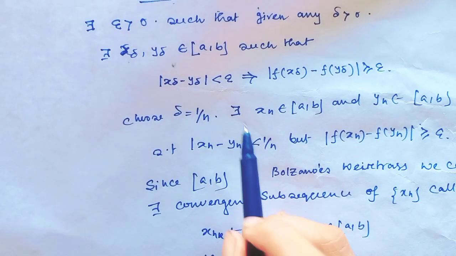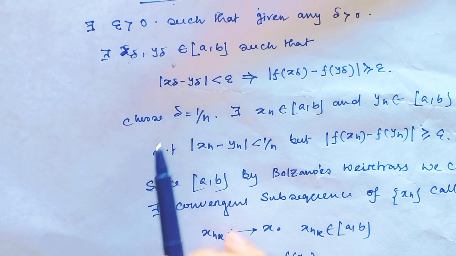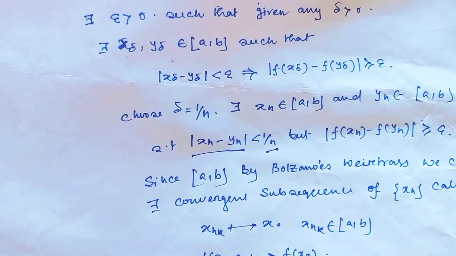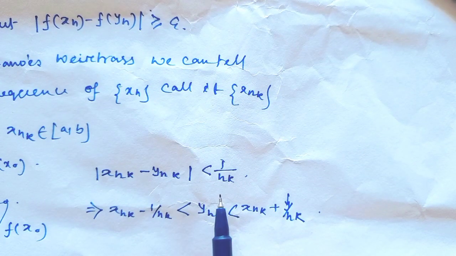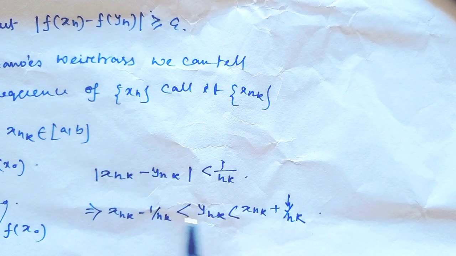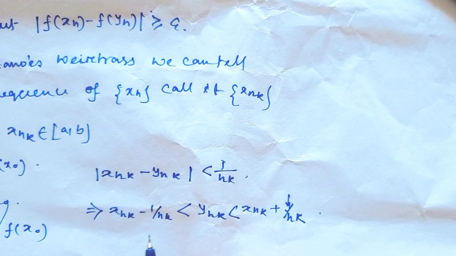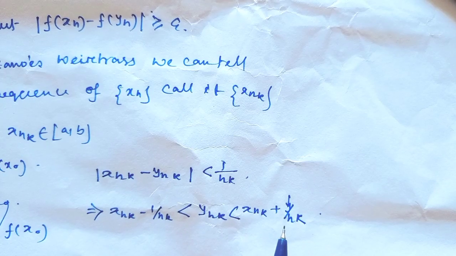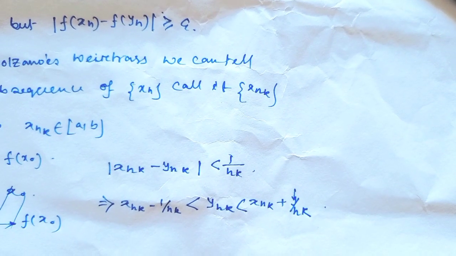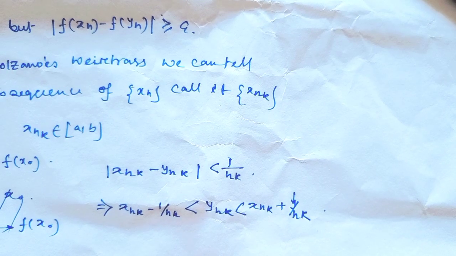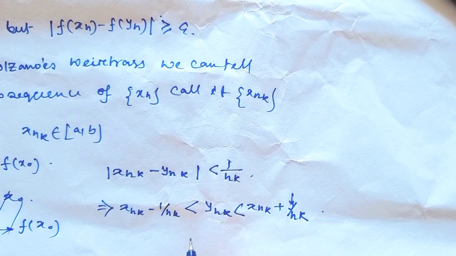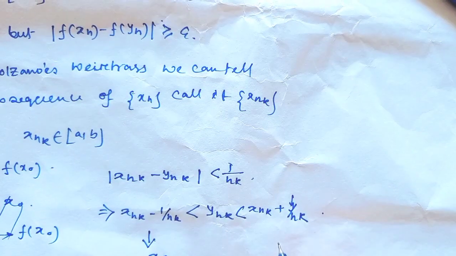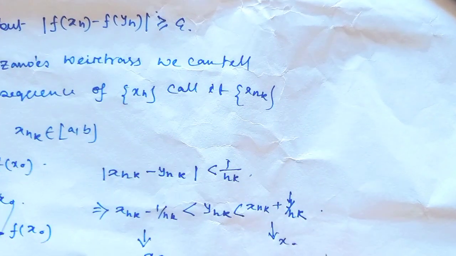Okay, and since the absolute value of xn minus yn is less than 1 over n, therefore the absolute value of xnk minus ynk is less than 1 over nk. By this inequality we can tell xnk minus 1 over nk is less than ynk, which is less than xnk plus 1 over nk. Since xnk goes to x0, this part goes to x0 and this part goes to x0.